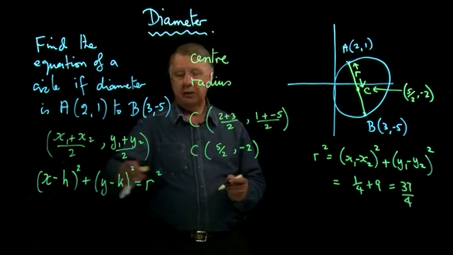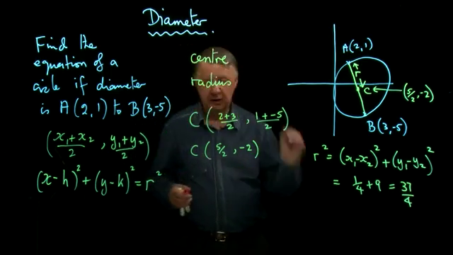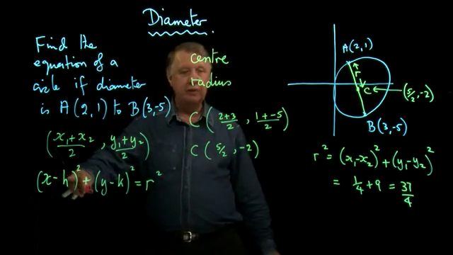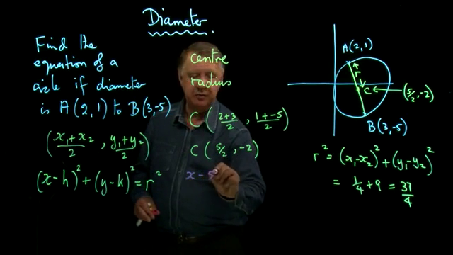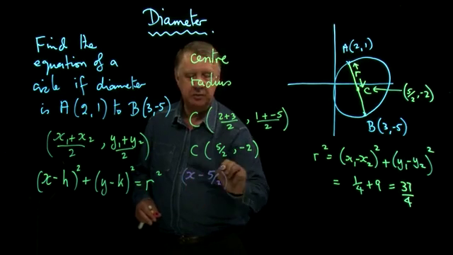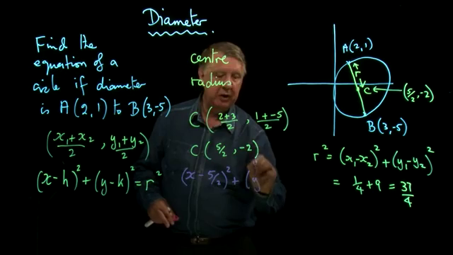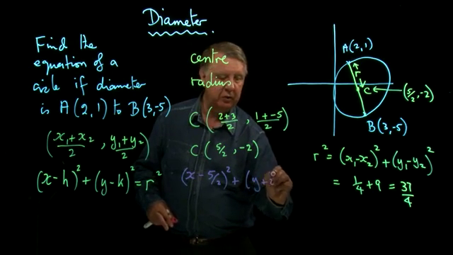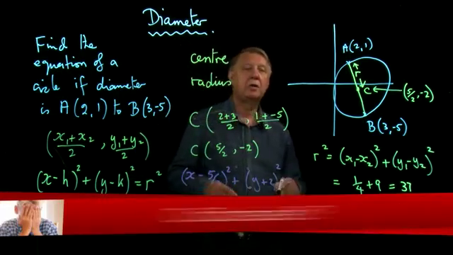I can now go to my formula. So let's highlight this in a different colour then. So h, the x coordinate, is 5 over 2. So it's (x minus 5 over 2) squared plus (y minus minus 2, that's plus 2) squared, equals r squared.